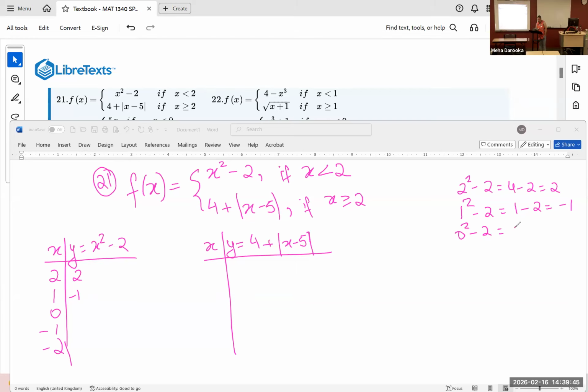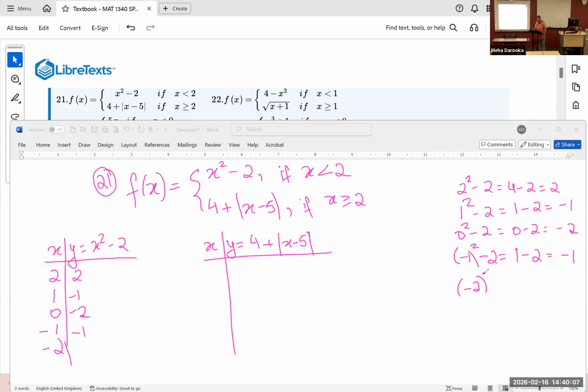0 squared minus 2, of course, will be 0 minus 2, which will give us negative 2. Now here, remember the x is bringing the negative sign, so that's going to be in parentheses. So you are doing negative 1 squared minus 2, which actually becomes positive 1 minus 2, which ultimately gives us negative 1 as our answer.